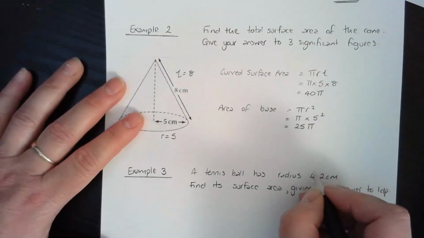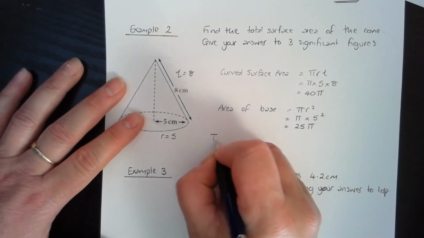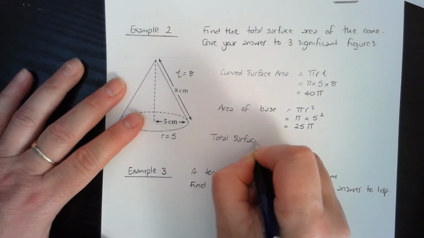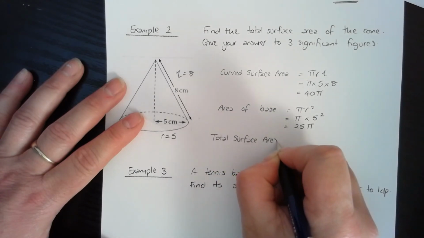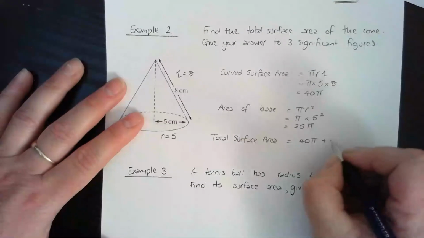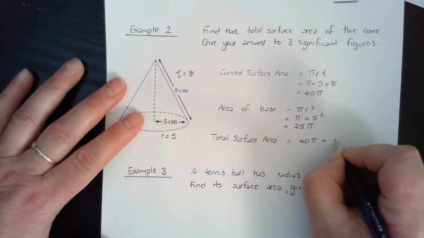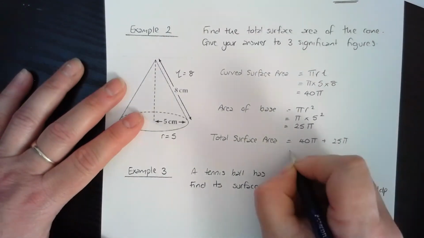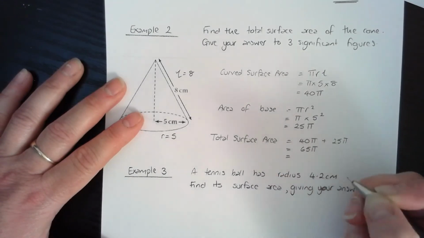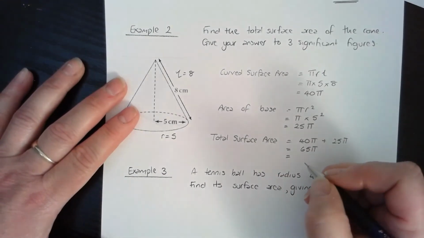So the total surface area is going to be the curved surface area, 40 pi, plus the base area, which was 25 pi, so that's 65 pi, and now I can put it into my calculator.